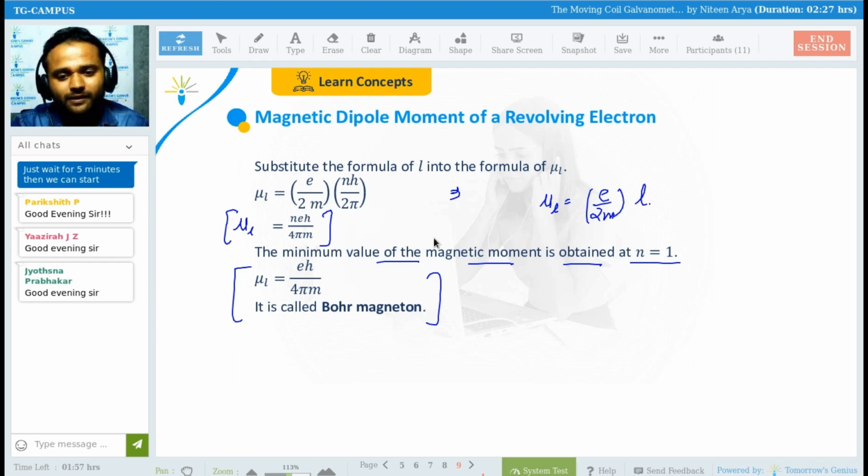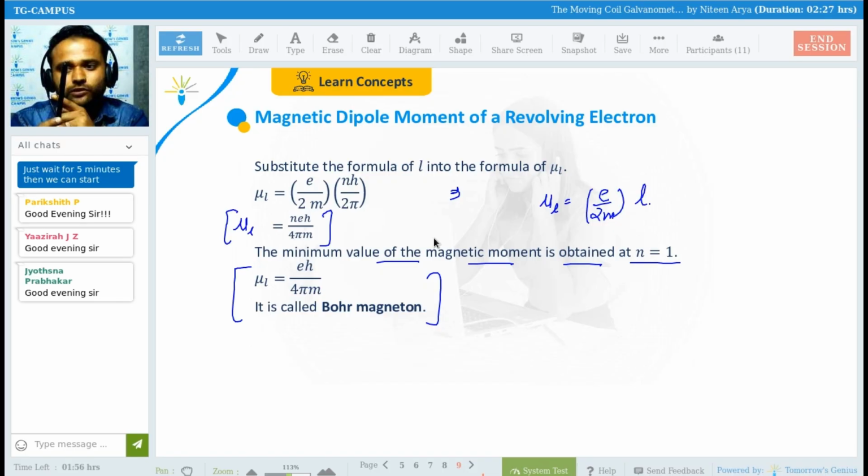Is this clear again, or should I start from the beginning? The beginning is, we have an atom. In the atom, electrons rotate. Due to this rotation of electrons, we have a current. But electrons rotate not only surrounding the nucleus, but also on their own axis. Assume your pen as the axis.